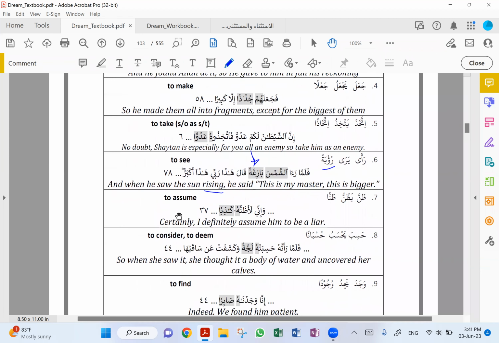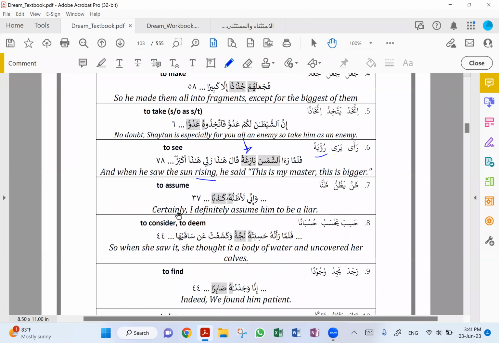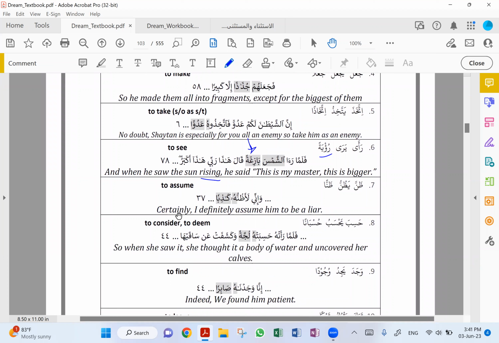Can they take more than 2? No. You have other verbs that can take maybe more than 2, but these ones can only take 2. I'll have to research verbs that are muta'addi to more than two maf'uls. That is something I need to research.